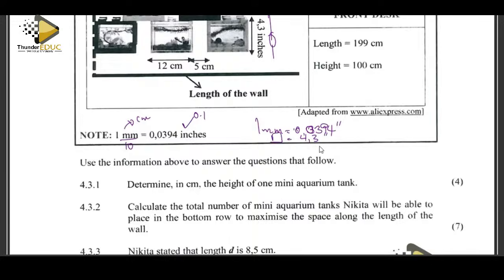We shall cross multiply. So this became 4.3 divided by 0.0394.